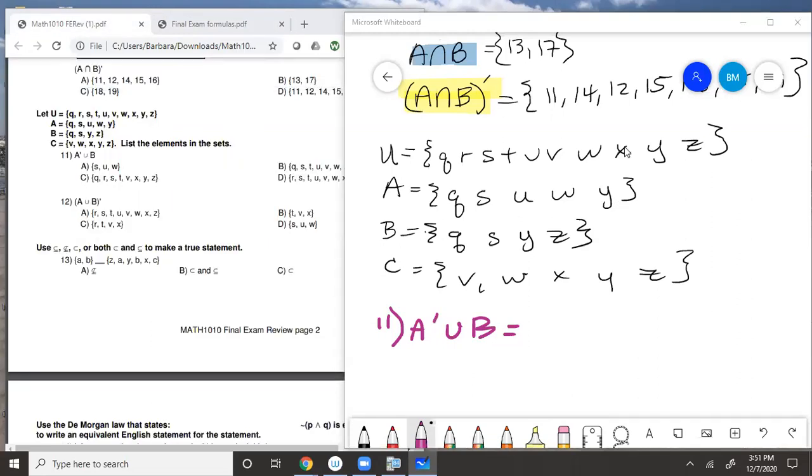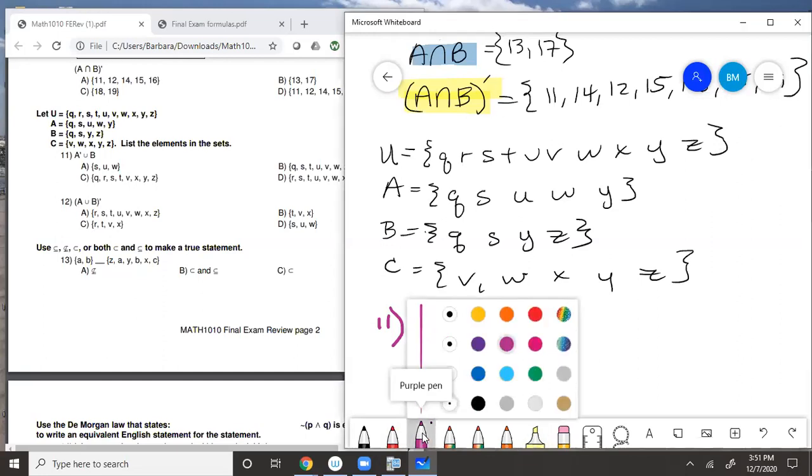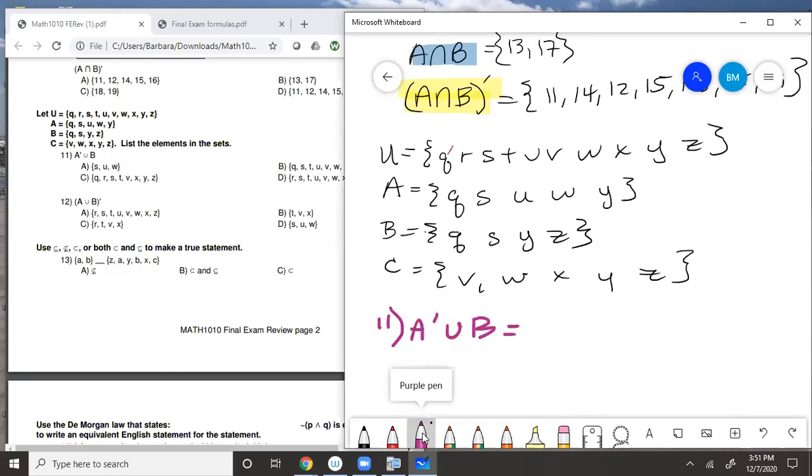So we look at this universal set, and what I like to do is just cross off what's not A. Q, S, U, W, and Y are in A. So A prime is equal to R, T, V, X, and Z.